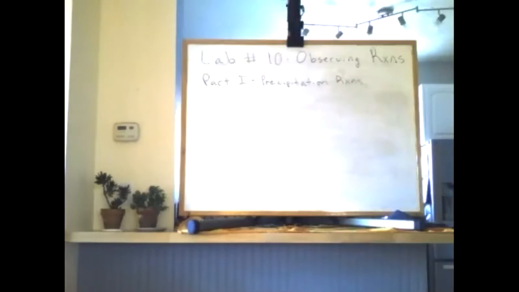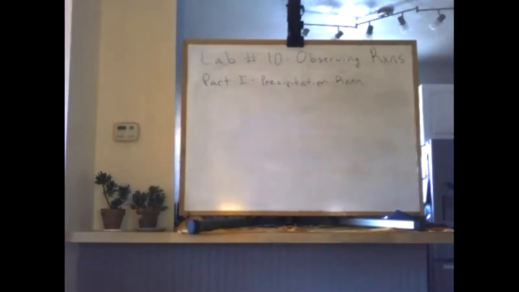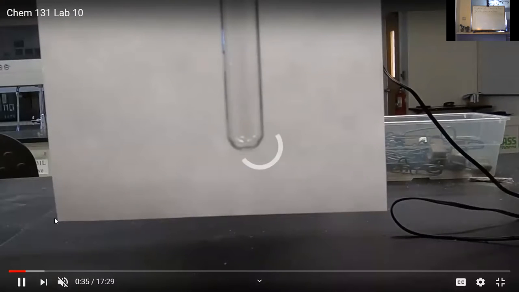Okay, so how do we do this? Well, let's just go really quickly and look at the video. So the first reaction is going to be potassium iodide reacting with a solution of copper 2 sulfate. And Scott will mention all of this in the audio in this video. Okay, here we go. He mixes his first solution.